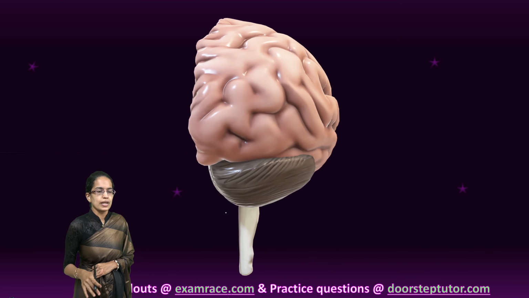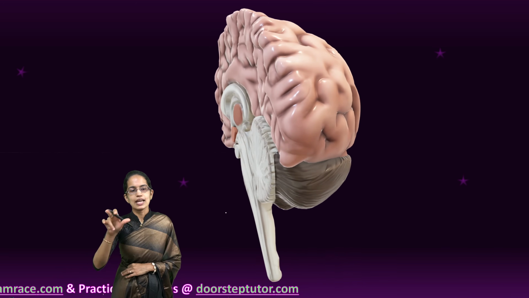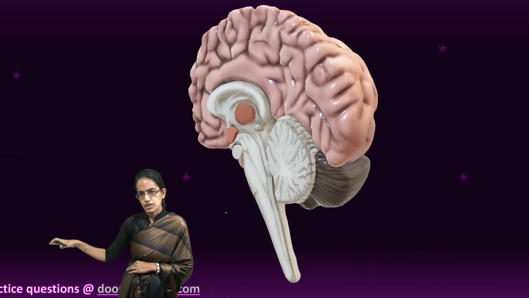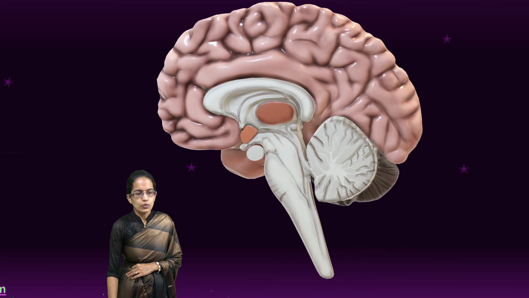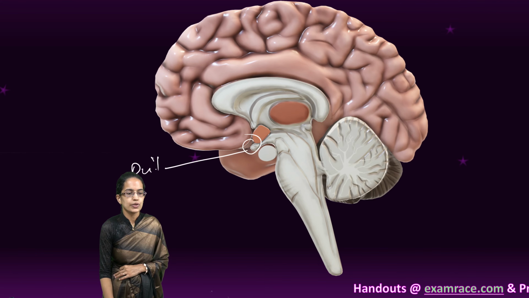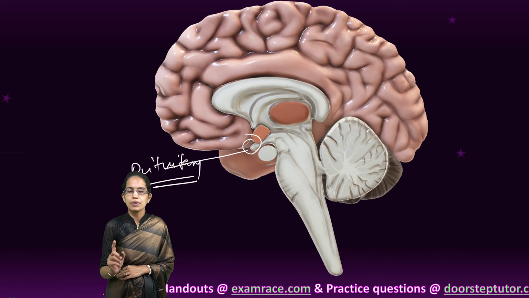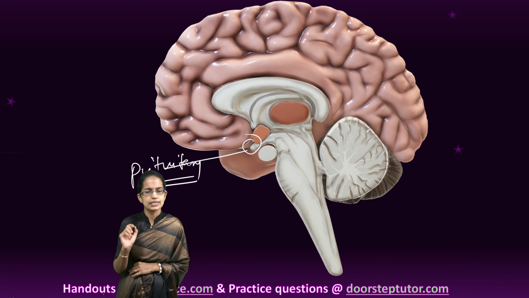Inside the brain, we have the corpus callosum. Definitely that goes into detail when we study the structure and anatomy of the brain. But to understand, this region here is the pituitary. So the pituitary is located here, and this is the master gland. As you can see, a small pea-sized structure.